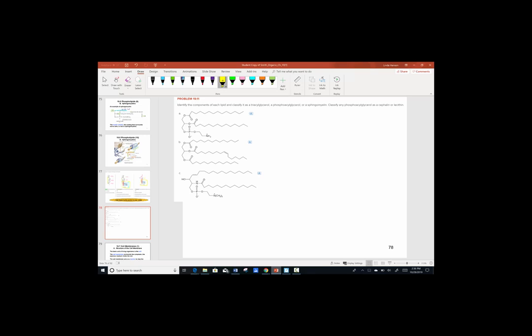All right, so let's start by finding the backbone. I have carbon 1, carbon 2, carbon 3 leading to ester linkages. So this I recognize as a glycerol backbone. I then recognize the long carbon fatty acid chains. So I have 2 fatty acid chains. And now, if this last linkage were the same, I'd have a triacylglycerol, but they're not.